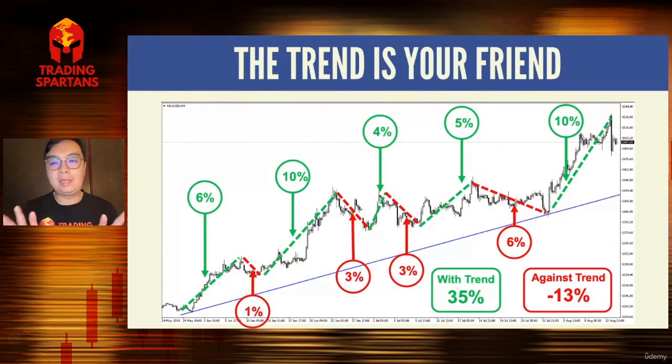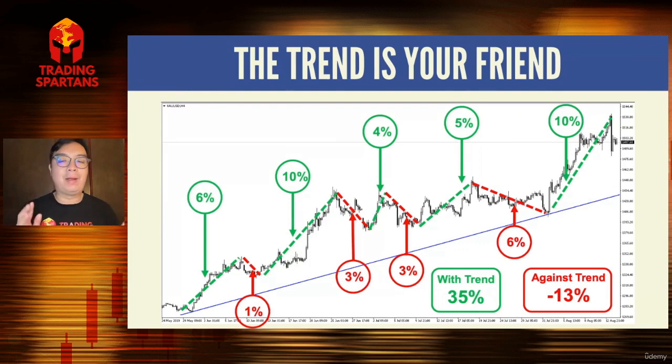For example, this example is fantastic because if you see, if the trend is going up and if you buy at every juncture, you realize that even if you are wrong, you'll be wrong smaller in amount and lesser in amount as well. But as long as you are going with the trend, you will be able to profit more or win more compared to going against the trend.